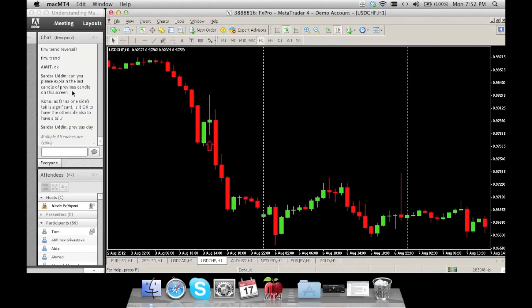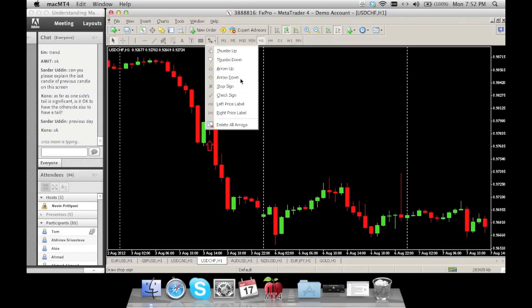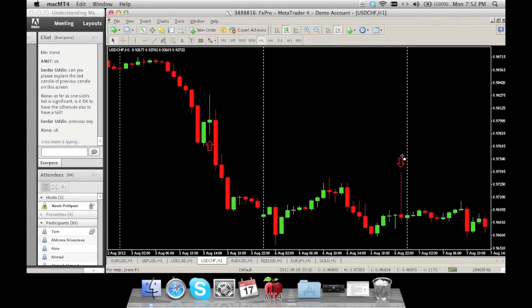Can you please explain the last candle of the previous candle on the screen? Close of the day, Asian session running, not much momentum in the market, plus sideways. Lots of strength coming in. The market actually is short, but look how long it took to take that short.